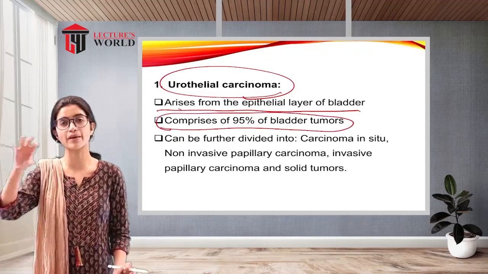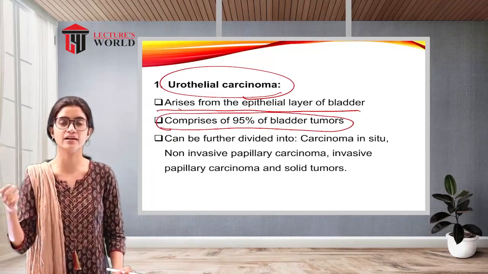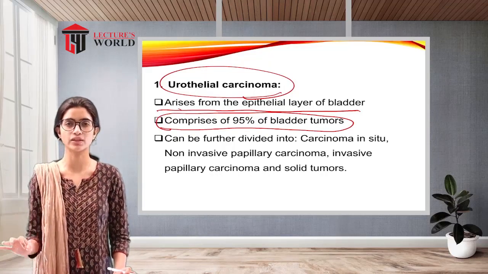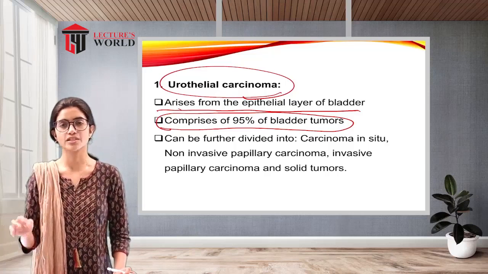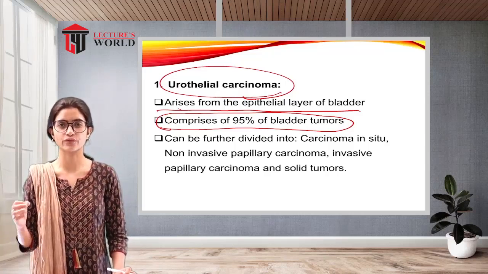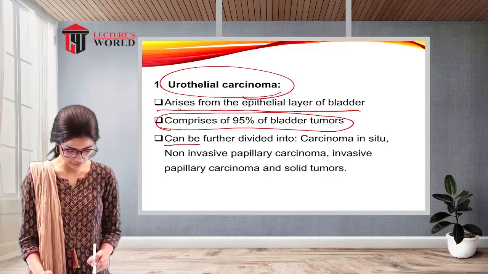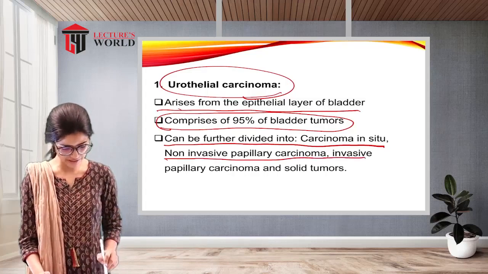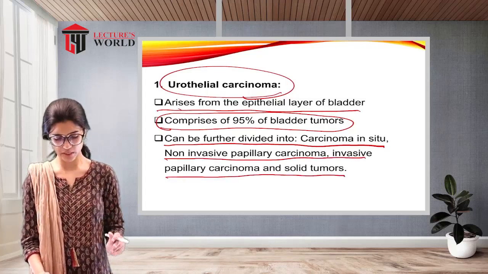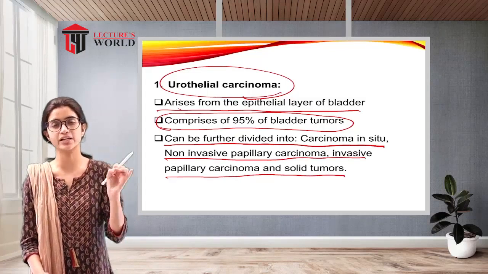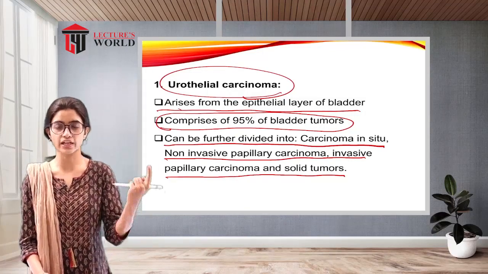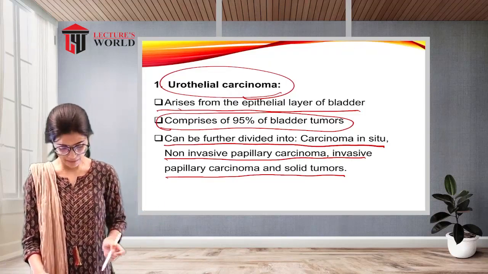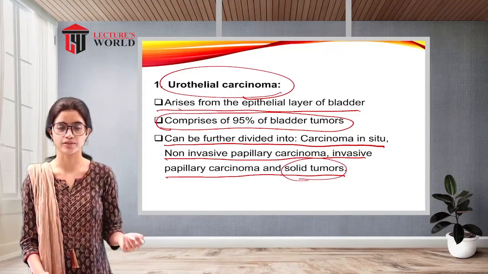Out of all the patients coming with bladder cancer, 95% report a urothelial carcinoma, which starts from the epithelial layer of the bladder. It can be further divided into carcinoma in situ, non-invasive papillary carcinoma, invasive papillary carcinoma, and solid tumors.